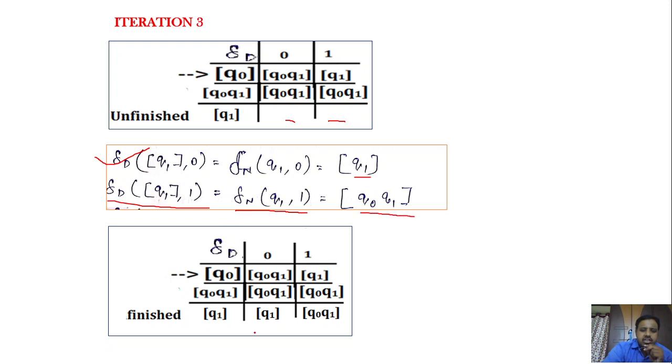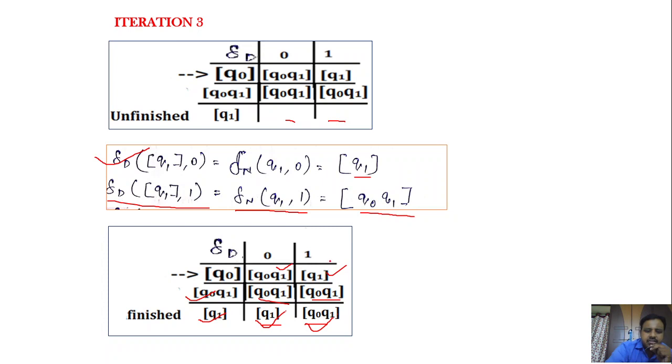So fill those entries for Q1. Now identify any new states for which we have to specify the transition. Q naught Q1 we have already specified, and Q1 we have already specified. So since we didn't encounter any new state, the process of marking unfinished and finished will stop here.